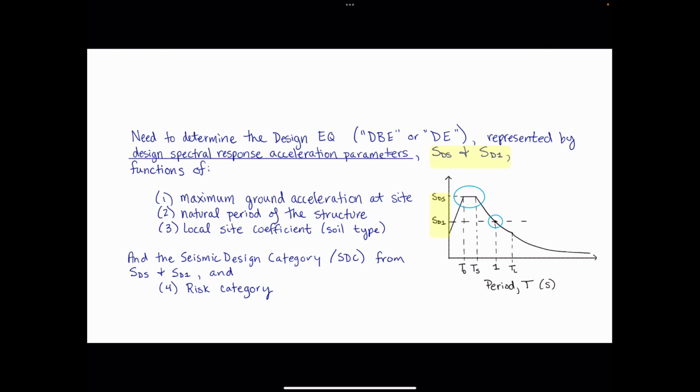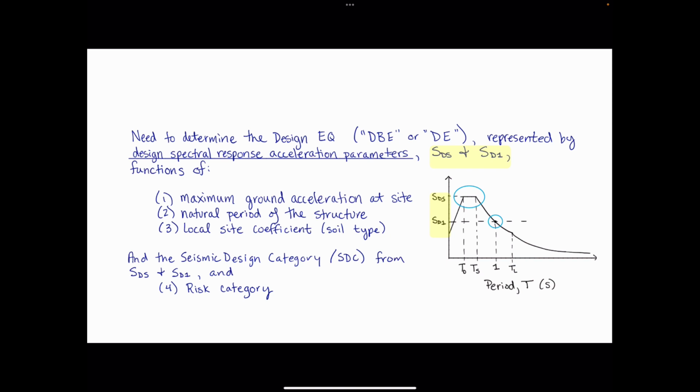And you may or may not be familiar with spectral graphs. If you're not, don't worry about it. It's not something that you need to know for this class. This is just background purposes for the most part, but to understand what this represents, we're plotting a magnitude of response, in this case acceleration, with the natural period in seconds.